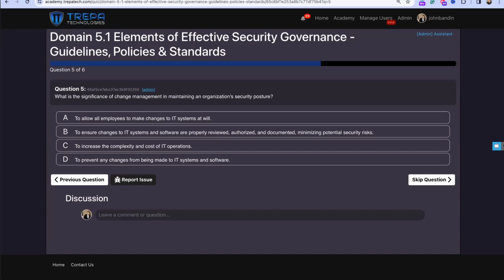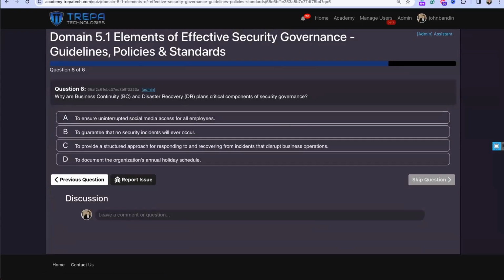Question 5, what is the significance of change management in maintaining an organization's security posture? So to protect our changes, right? Protect our systems from any malicious or bad change, to ensure changes to IT systems and software are properly reviewed, authorized, and documented.